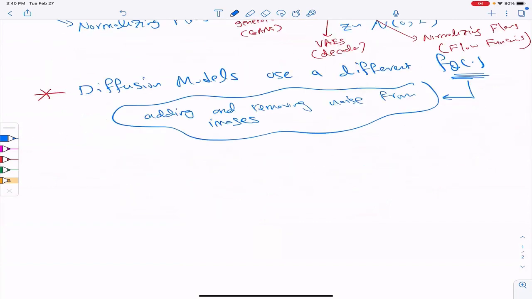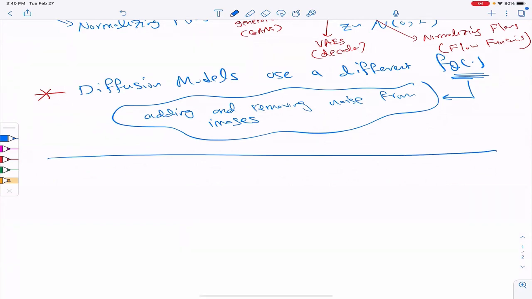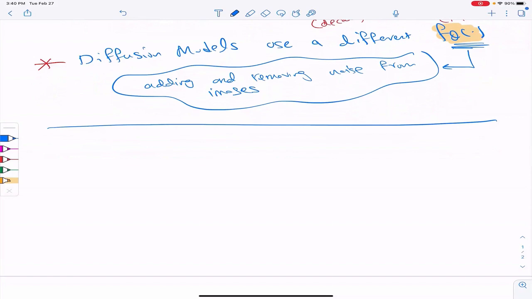All right, so in diffusion models, as I mentioned, this family of functions involves adding and removing noise from images. The way it works, let's say during training, you have some original, realistic images. Let's call this the original image, one sample from your data set.